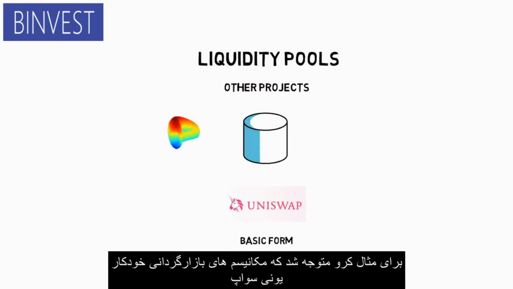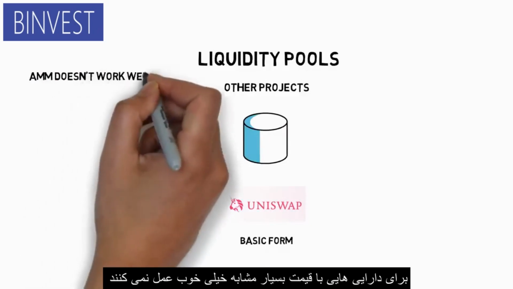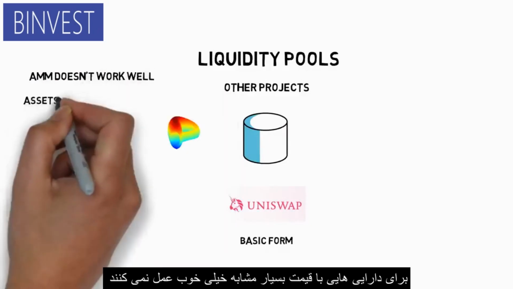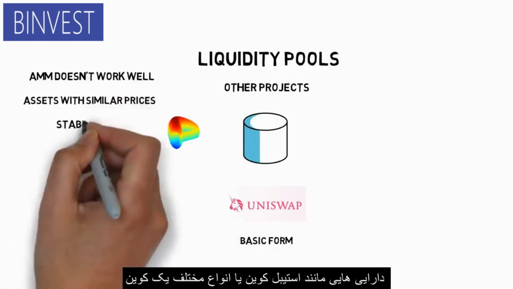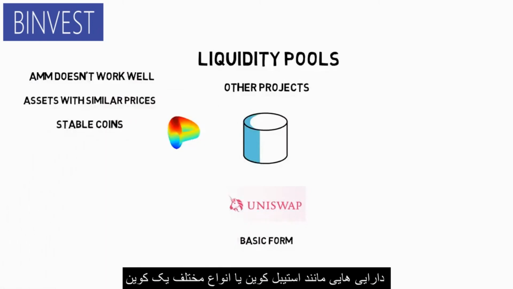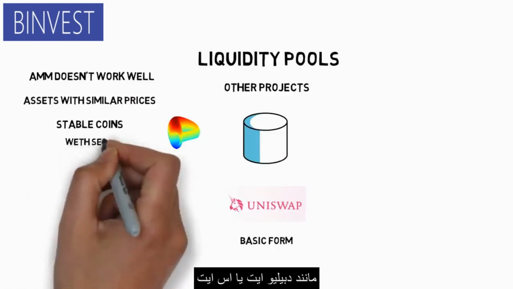Curve, for example, realized that the automated market-making mechanism behind Uniswap doesn't work very well for assets that should have a very similar price, such as stablecoins or different flavors of the same coin, like WETH or SETH.